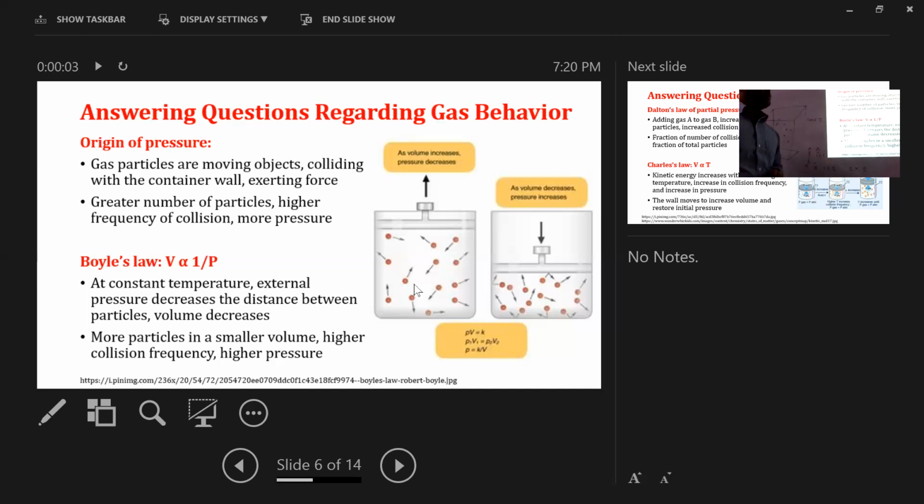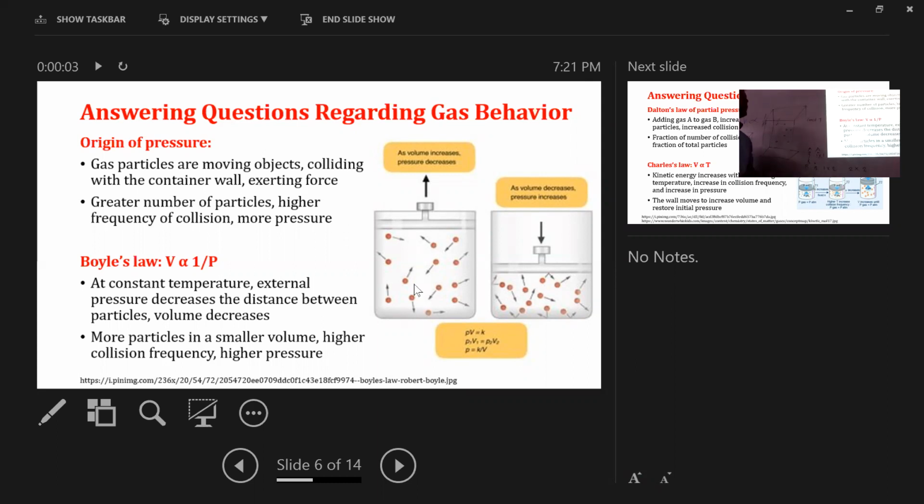Now, if you increase the force from the top using the piston, then the volume is decreasing. Here the volume has been reduced to almost half. But the total number of molecules is exactly the same.